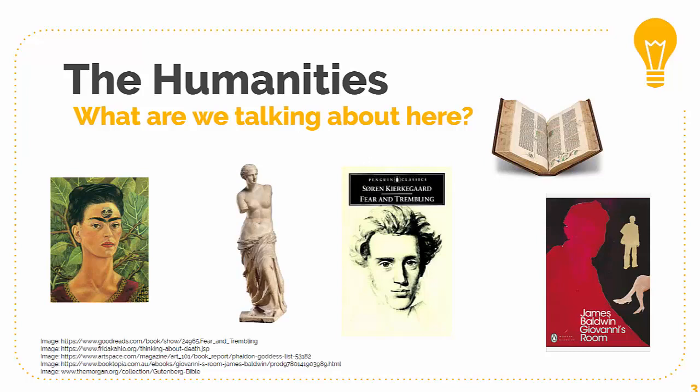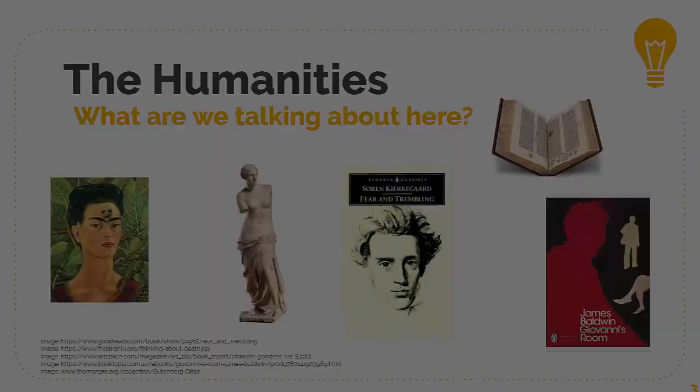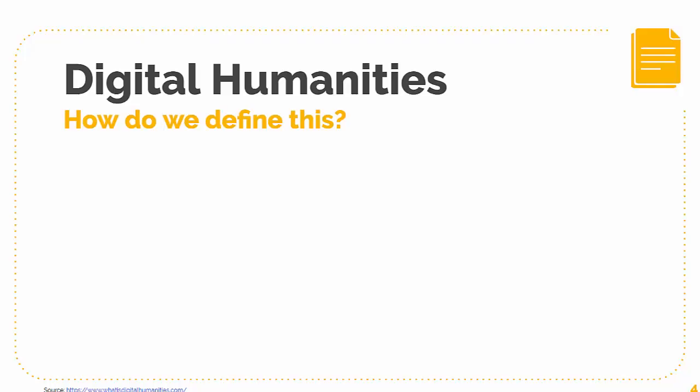So if the study of the humanities has been so focused on the physical, what are the digital humanities? Are they just digitized books and images? Well, that's not quite right. But if you're having difficulty figuring out what exactly the digital humanities are, so have scholars since the beginning of DH.